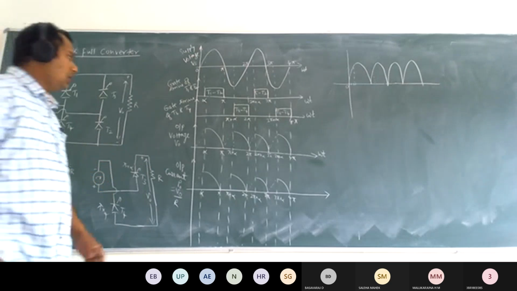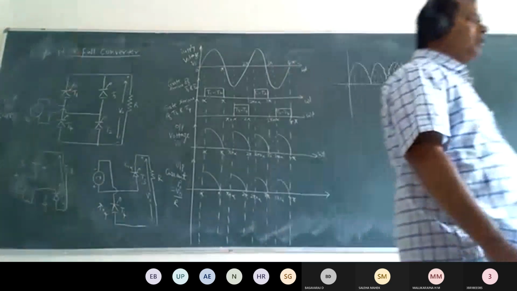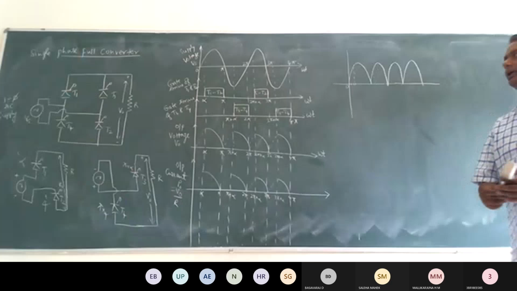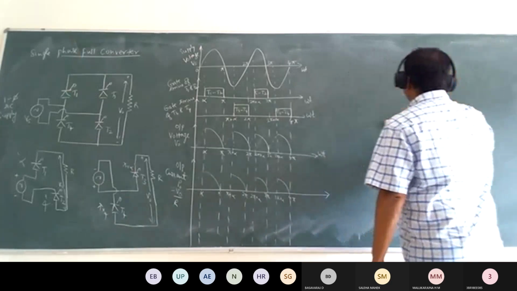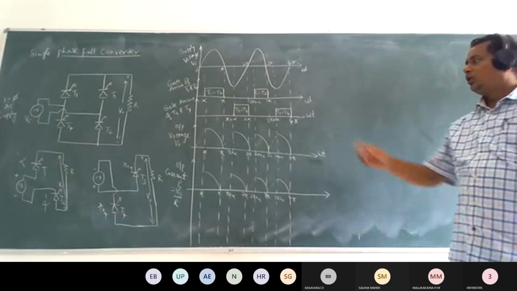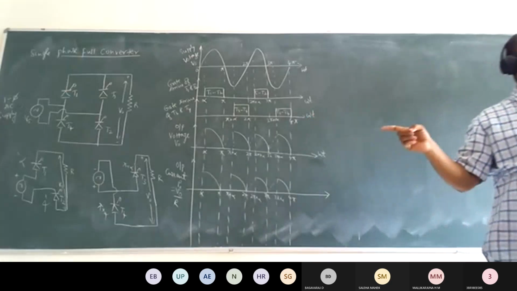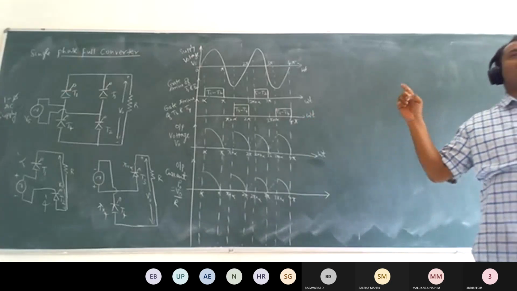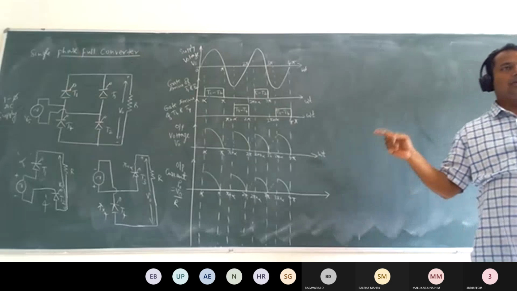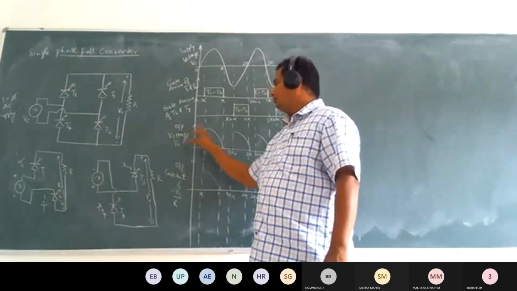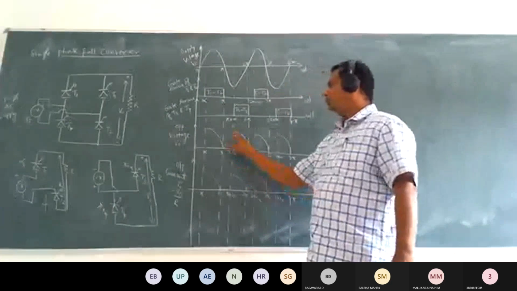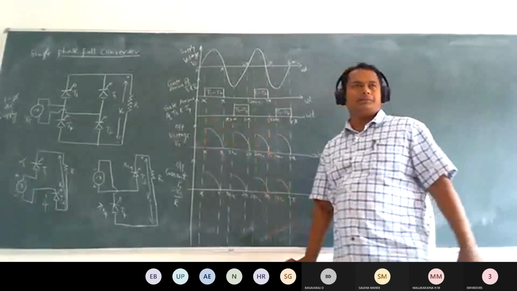Then how can we calculate the average output voltage as well as the RMS output voltage? Here you just observe that for the positive as well as the negative side, the waveforms are similar. From alpha to pi you have a magnitude of Vm, and from pi plus alpha to 2 pi you have a magnitude of Vm.